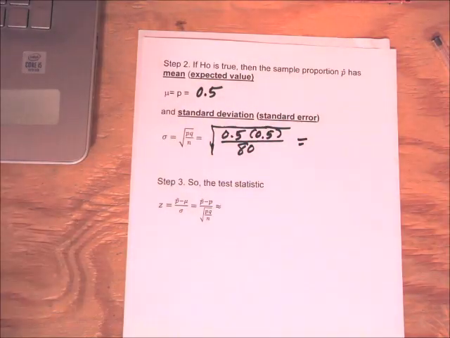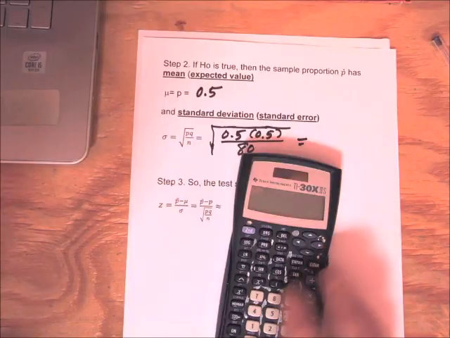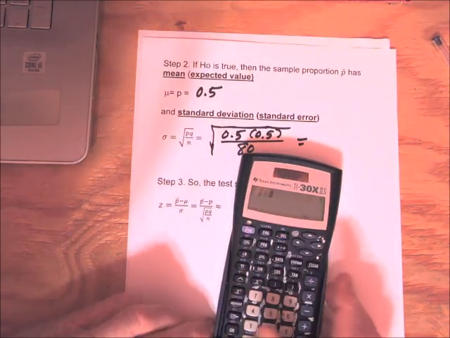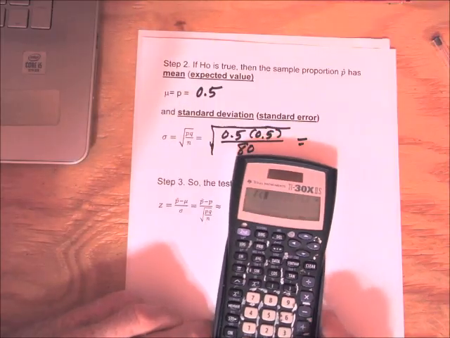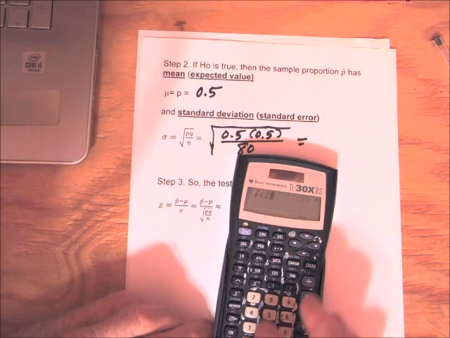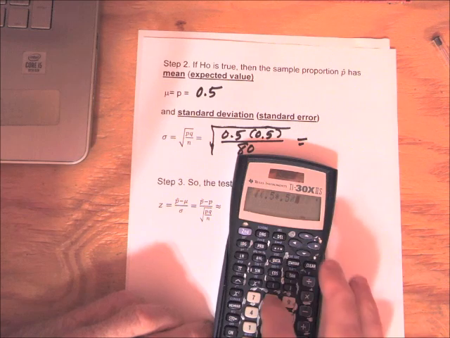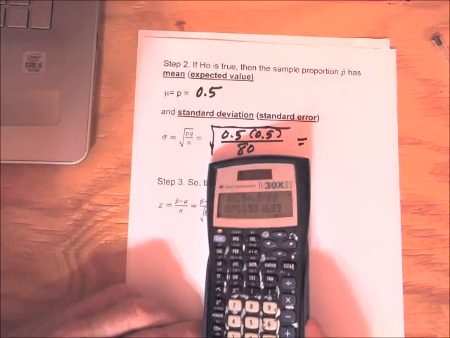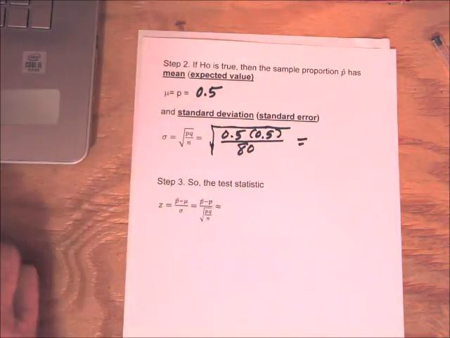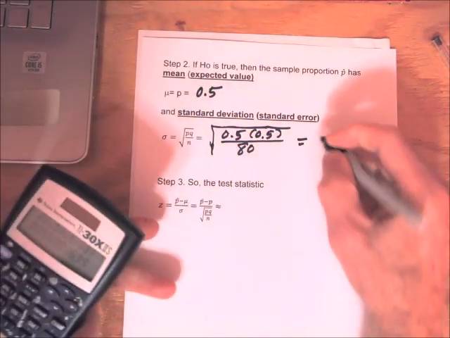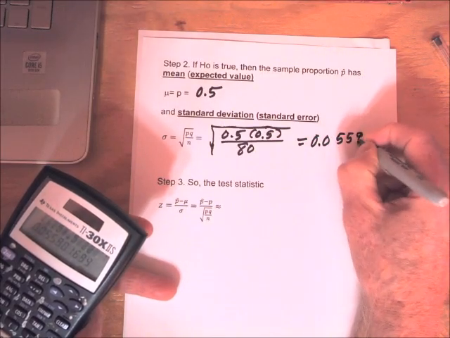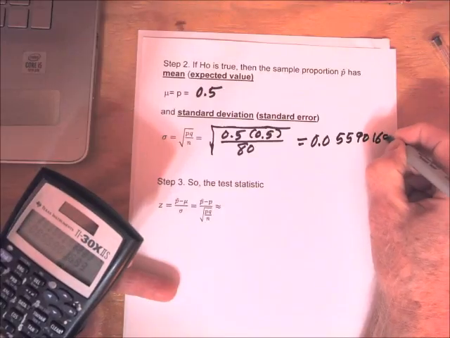And we can put these in the calculator the way it's written. The calculator knows something about the order of operations, so if we just type it in the way it's written, and don't push equals until the end, so second square root 0.5 times 0.5 divided by 80 equals, and I get approximately 0.0559, 0.055901699.